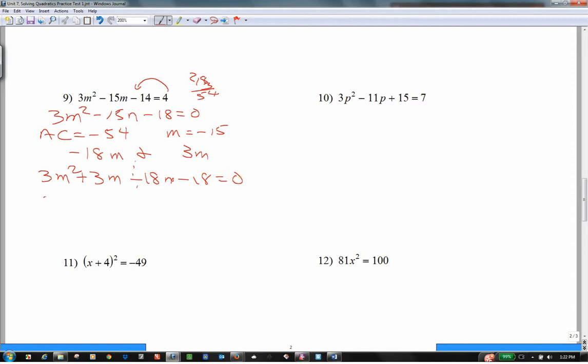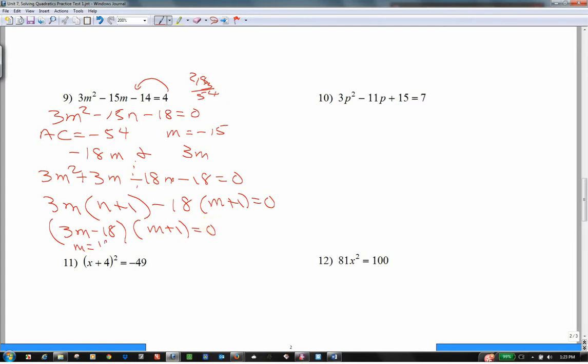Group it. 3m times m plus 1 minus 18 times m plus 1 equal to 0. So I have 3m minus 18 times m plus 1 equal to 0. So over here, m is going to be equal to 18/3, which is 6. m is equal to a negative 1.